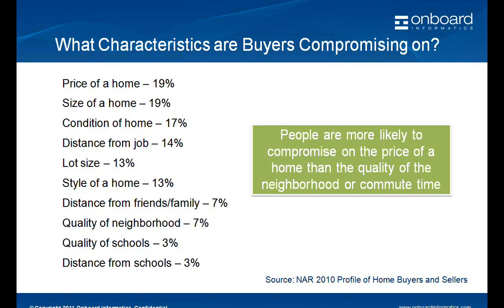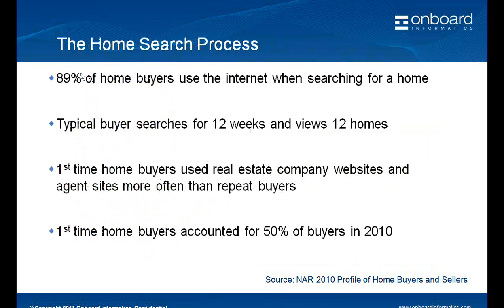Those are all good things to know, and we know that people are going to the internet, and consumers are ultimately going to want to find that information online as well.